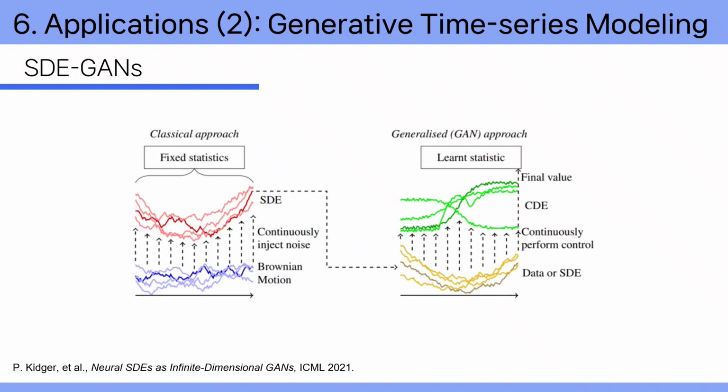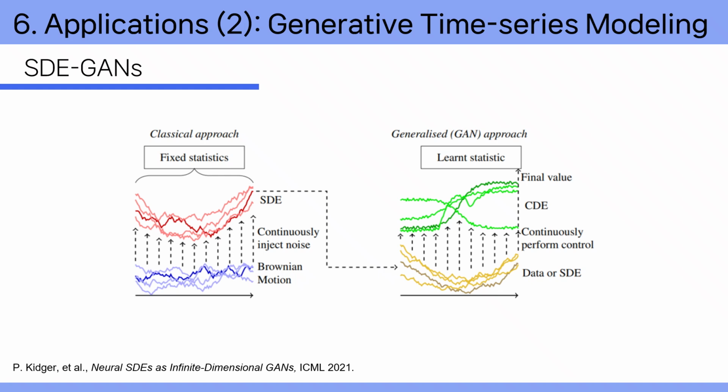The next example is SDE-GANs. Previously, we saw that latent ODEs are trained using the variational autoencoder framework. This time, we train a neural SDE as a generative adversarial network. Neural SDEs are continuous time generative models for time series, and they can be fitted using Wasserstein GANs. Here's how it works.